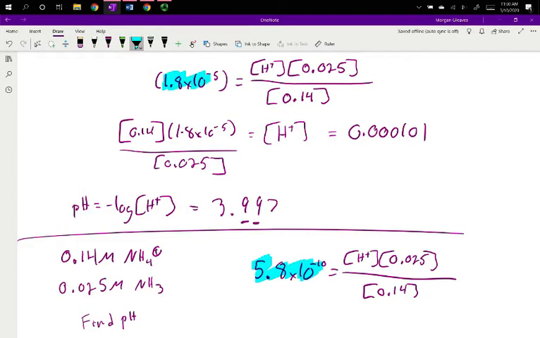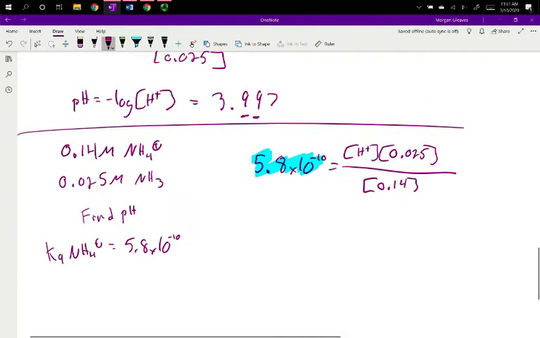Previously it was 10 to the minus 5. This is 10 to the minus 10, 100,000 times smaller. I need my top to be 100,000 times smaller. The acid and base are the same, so the only thing I get to adjust is my H+. It has to be smaller to make up for that. This is what we're going to find when we solve for our H+ here: 5.8 times 10 to the minus 10 times 0.14 divided by 0.025.